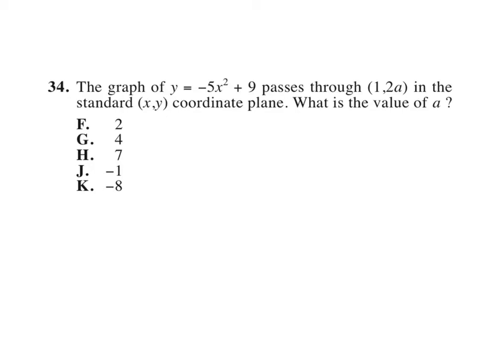This problem may scare you, but really and truly all in the world it is you plugging in, working out. It says the graph of y equals -5x squared plus 9 passes through the point 1, 2a in the standard xy coordinate plane. What is the value of a? Well, you have an equation, y equals -5x squared plus 9, and it tells you right here that x is 1 and y is 2a.